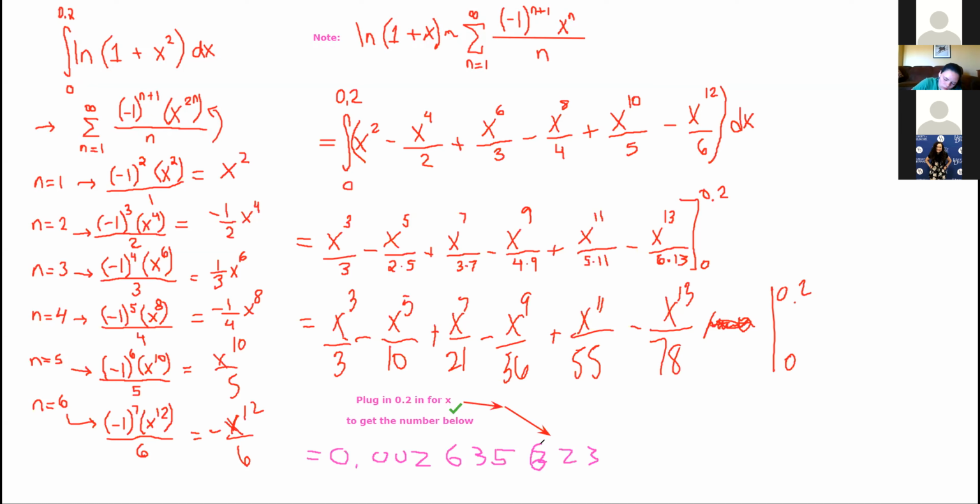In this case, would you use the Taylor because it's not centered at 0? It's ln 1 plus x squared. No, that's when you do a Taylor, you're expanding about a point. That's something different than if you're trying to find the power series representation. Yeah, because there's no a, right?